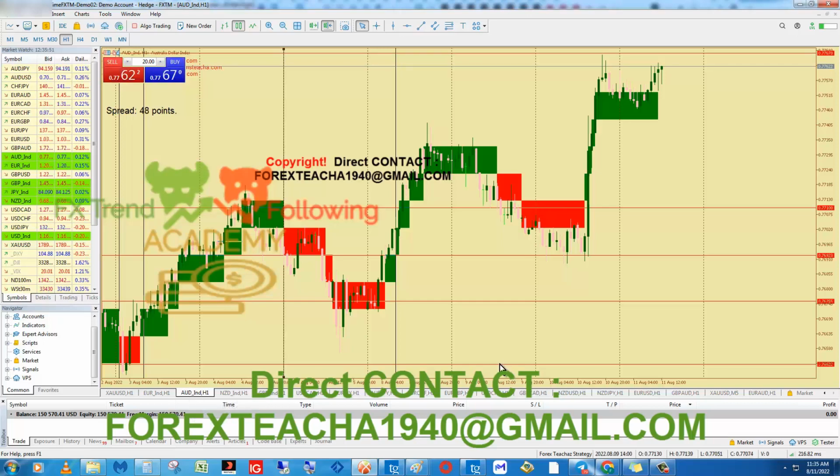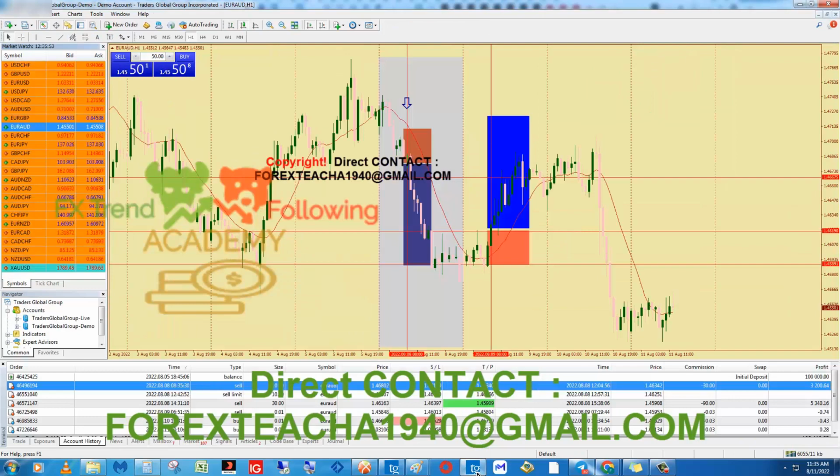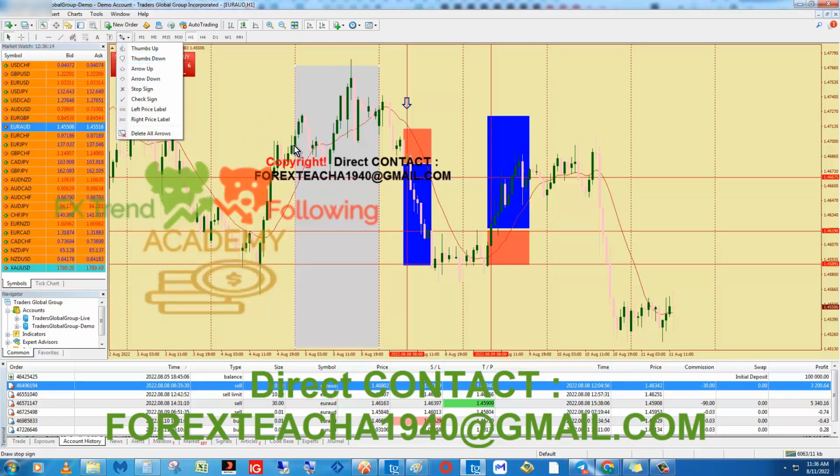Let me just go to the chart as well. This was on 5 August. At the 12:00, which is right here, this was a buy signal since it was weak.